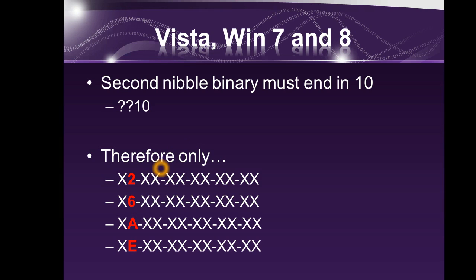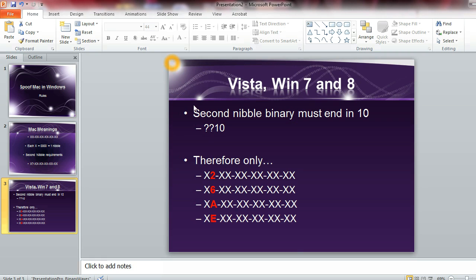Therefore, the second character needs to be 2, 6, A, or E. It's a pretty simple requirement, but if you don't know it, your spoof MAC will not work. And this requirement is only in Vista, Windows 7, and Windows 8. If you're using an older operating system, don't worry about it.